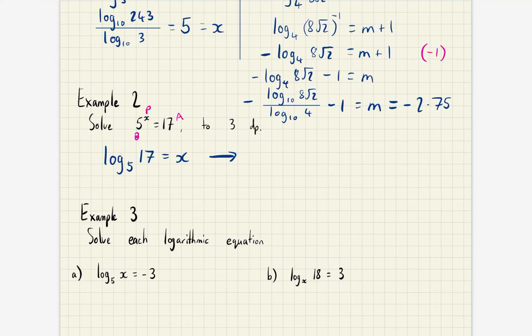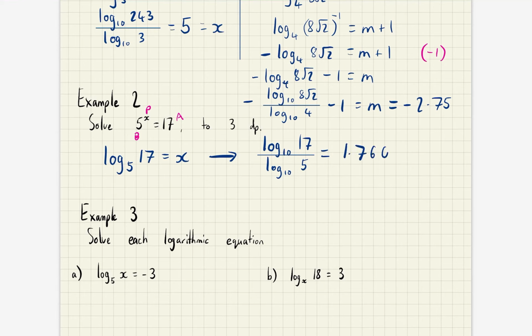And I can't type that in the calculator, so I have to change the base to 10. Change the base, that's the whole point of it. I'm not going to keep it the same. And we can type that into the calculator. Now it asks for 3 decimal places, so we'll just write it, see what it looks like first.